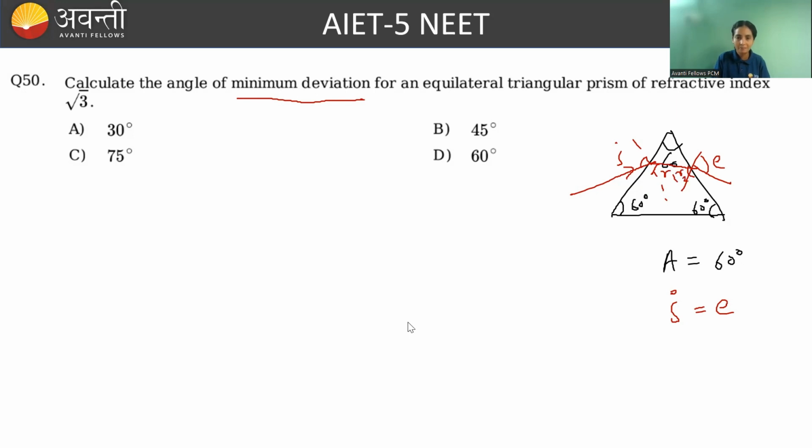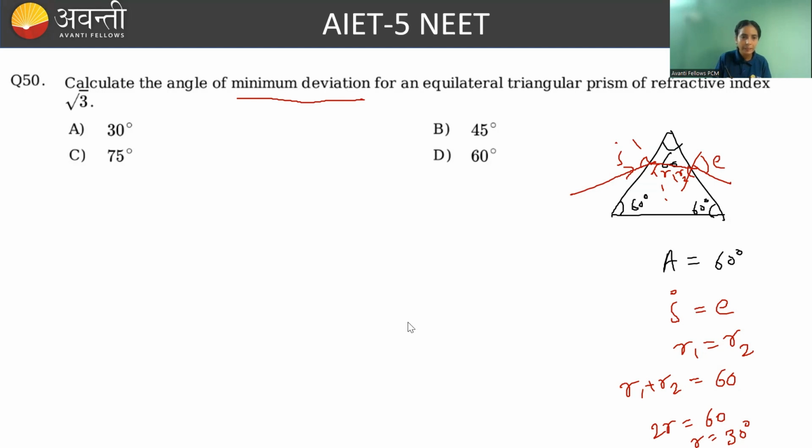We have studied it recently. So r1 will be equal to r2, and we have also studied that r1 plus r2 is equal to A, that is 60 degrees here. So if I write r1, r2 as r, then 2r will become 60 degrees, r will become 30 degrees. So the angle of refraction for the first surface, or angle of incidence for the second surface, is 30 degrees.